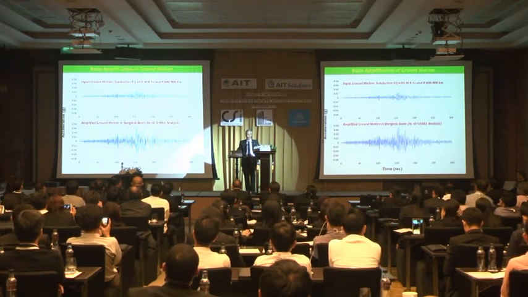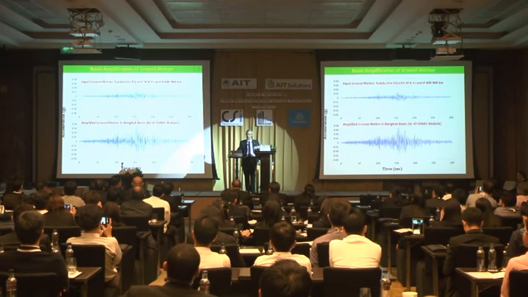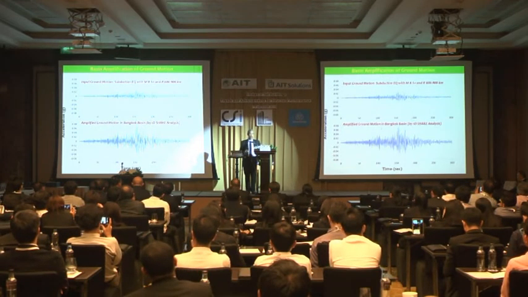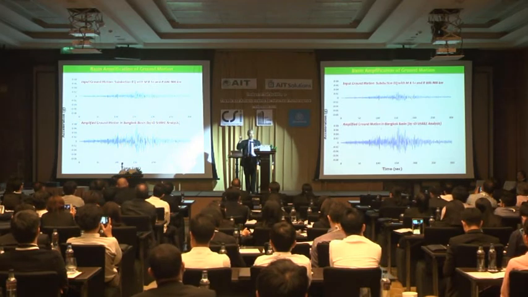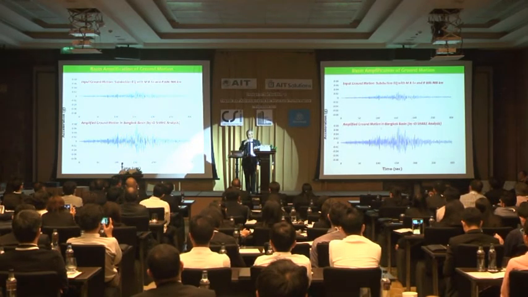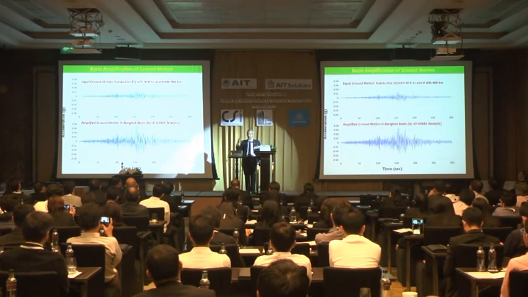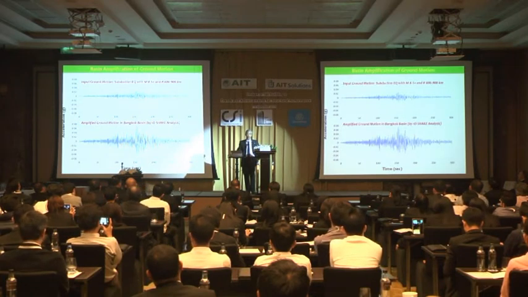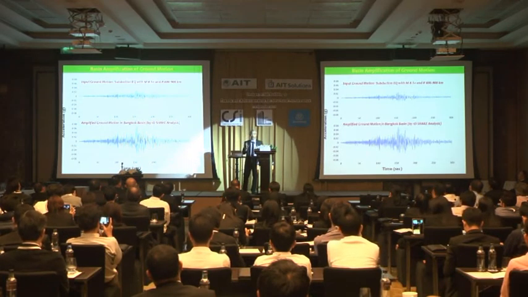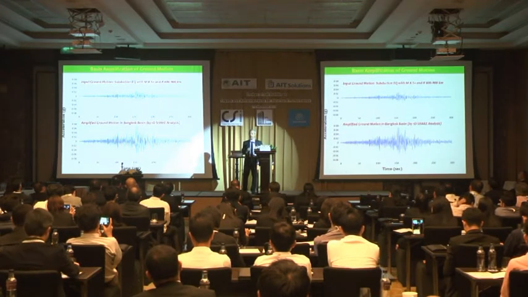We can have this input ground motion, and then by using our basin model, we can calculate the amplified ground motion on the surface of the soil basin. So you can see that this is an input, this is an output on top of the basin, so it's amplified. Okay. With this, you can now put this as input to your structure.